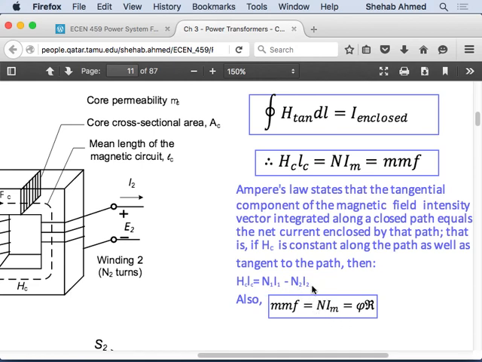If this N times Im has a value, it means that this core has impedance to the flow of the flux, and hence you will require some magnetomotive force to create transformer action. If this difference is 0, then we have an ideal transformer, and power coming in is equal to power coming out, exactly.